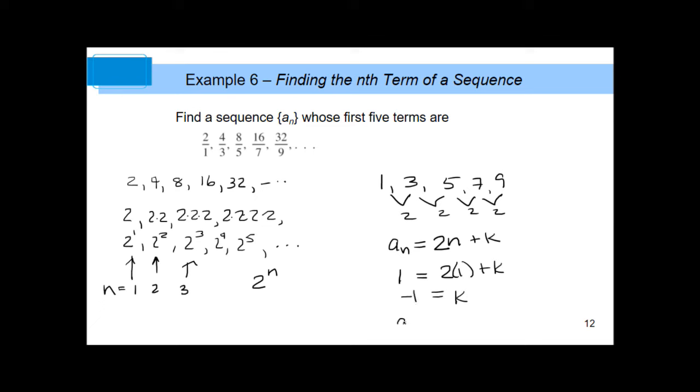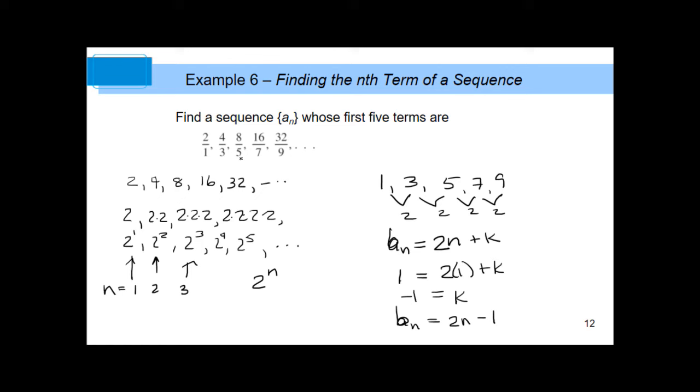So our nth term over here is 2n minus 1. Okay, if you check, you see if n is 1, you get 1. If n is 2, you get 3, and so on. All right, but this wasn't the whole sequence we were looking for. In fact, let me call this b sub n just so we don't get confused.